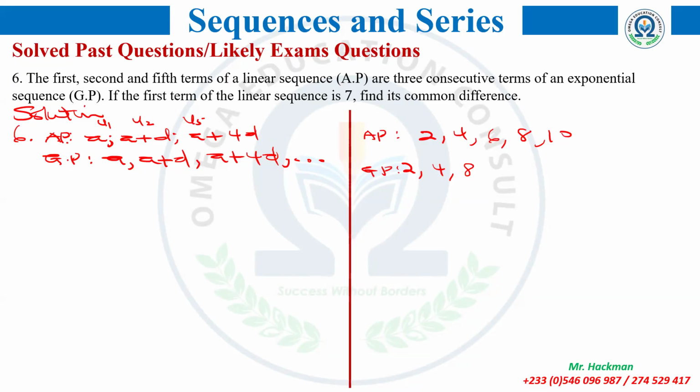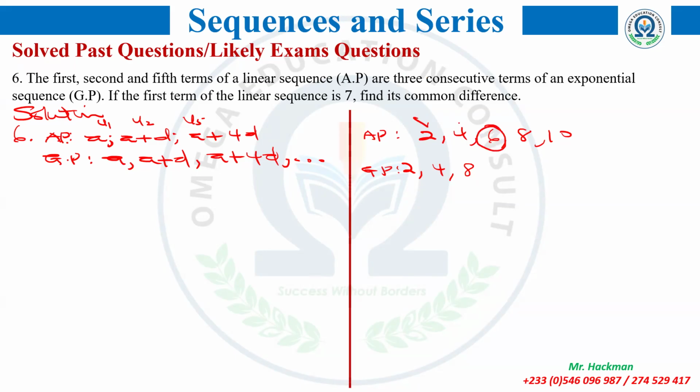So if I pick some of the terms of an AP, I can use them to form another sequence, which will be a GP. That's all about the question. There is no way consecutive terms of an AP will be consecutive terms of a GP. But some of the terms, if I pick them, can form a GP, just as you can see that I left out this.